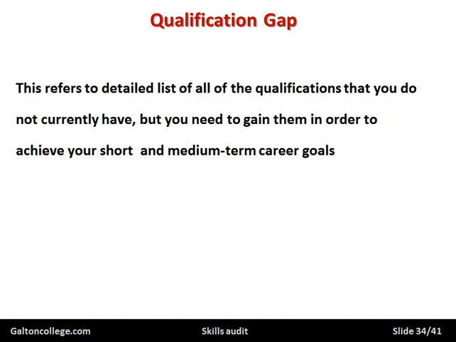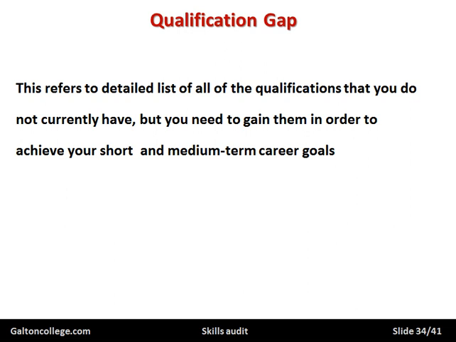The qualifications gap, well, this refers to detailed lists of all the qualifications that you do not currently have. It looks at all the qualifications that you don't have, but qualifications that you need in order to achieve your short and medium-term career goals.